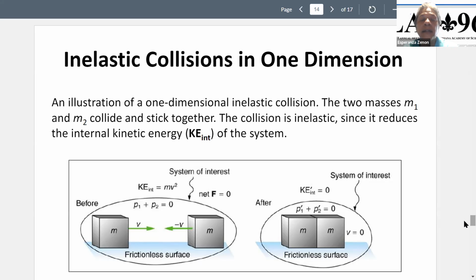But if you look after the collision, the objects are stuck together, but the kinetic energy is not mv squared, it's 0. So we know that the kinetic energy is not being conserved because you don't have the same amount before and after. But the momentum, same amount before and after. So in a perfectly inelastic collision, momentum is conserved, kinetic energy is not conserved, and the objects stick together.